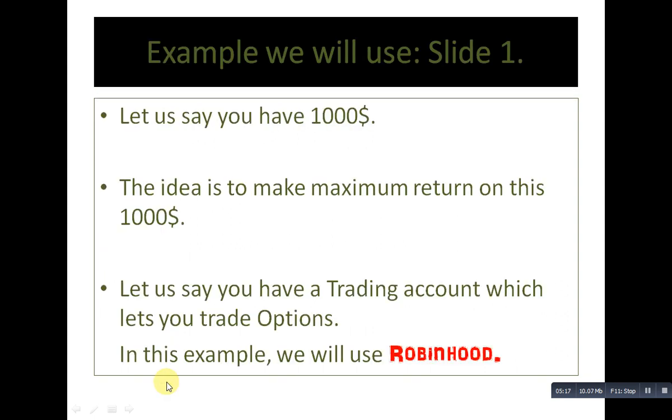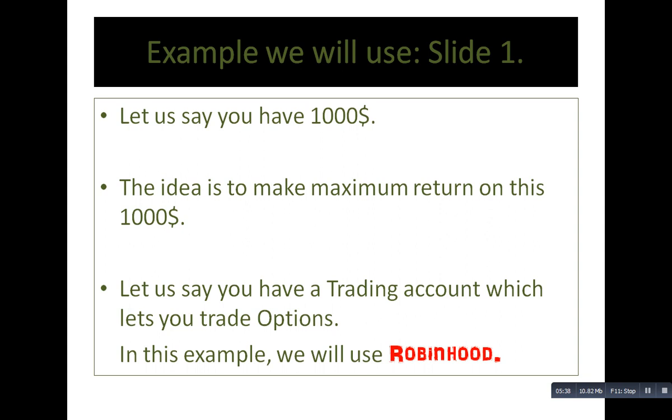Okay, next slide. So we will use some example in order to proceed. Let us say you have $1,000 to invest. Now, I mean, you can have $100, you can have $10,000, and you can adjust this example to your need accordingly.